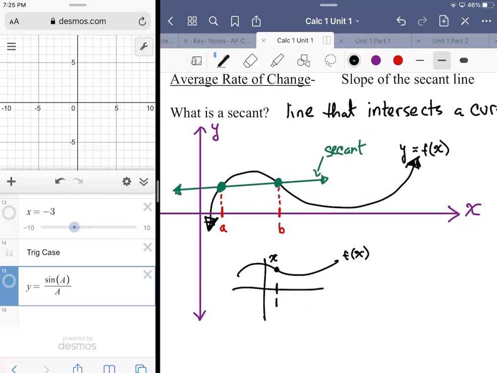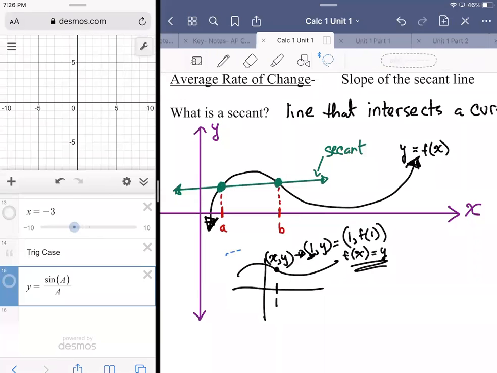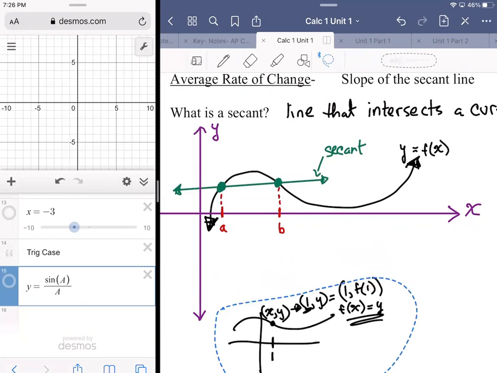Normally, I would say it's x comma y, but in this case, the x value is equal to 1. If I say y is equal to f of x, then I'm saying 1 comma f of x, but the x value is 1, so 1 comma f of 1. This is just a quick side example here.